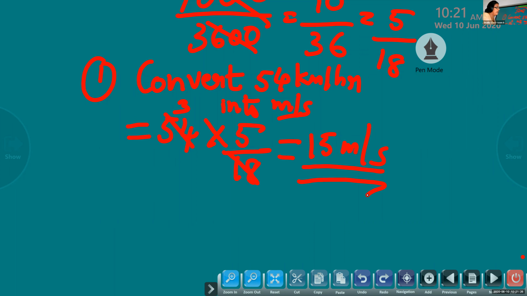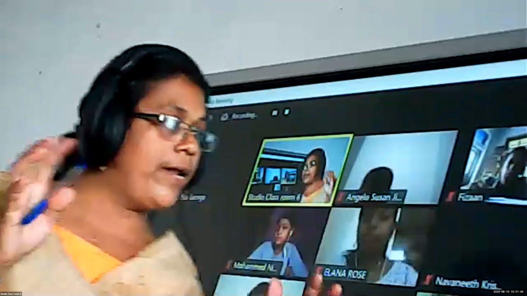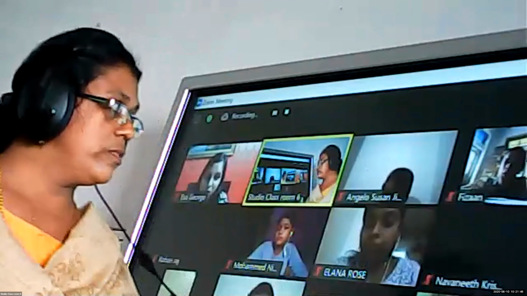Very good. 15 meter per second. So 54 kilometer per hour is equivalent to 15 meter per second. Anyone has any doubts so far we have done? Did you understand?